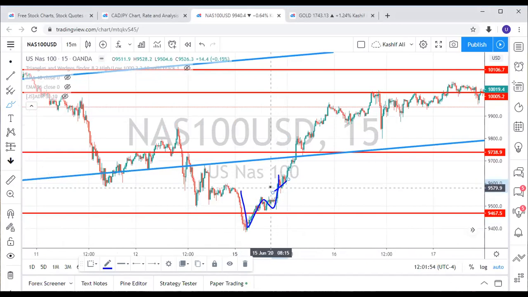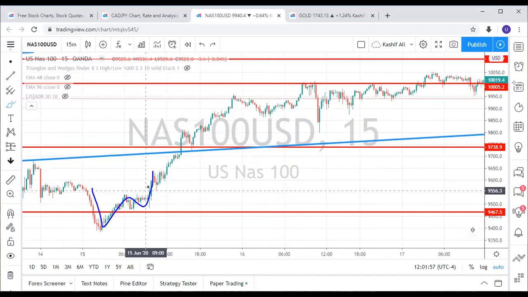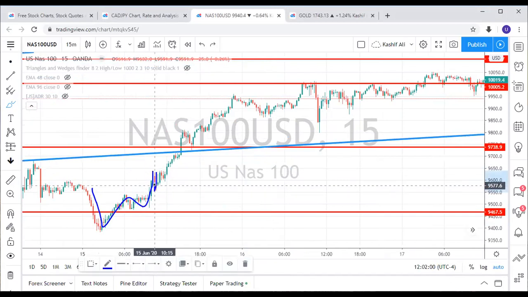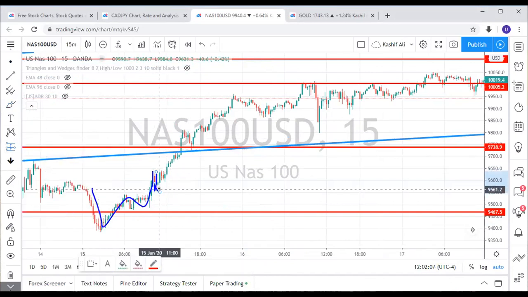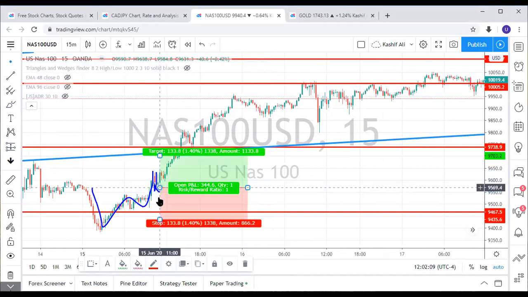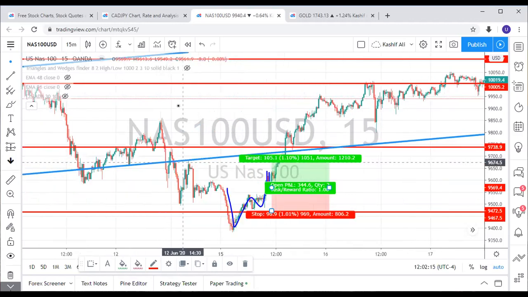I will not enter here. I will let it come to retest. So it came again and retested here. My long would be like this. I will enter here. My stop loss would be here, and my take profit the last higher high, let's say one level up.